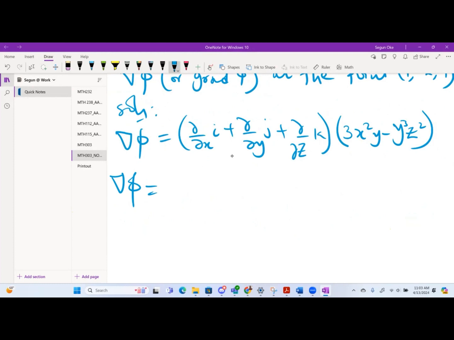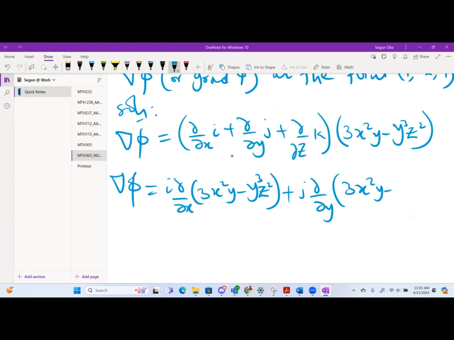We have i times d/dx of phi, where phi is 3x squared y minus y cubed z squared, then plus j times d/dy of 3x squared y minus y cubed z squared, plus k times d/dz of 3x squared y minus y cubed z squared.